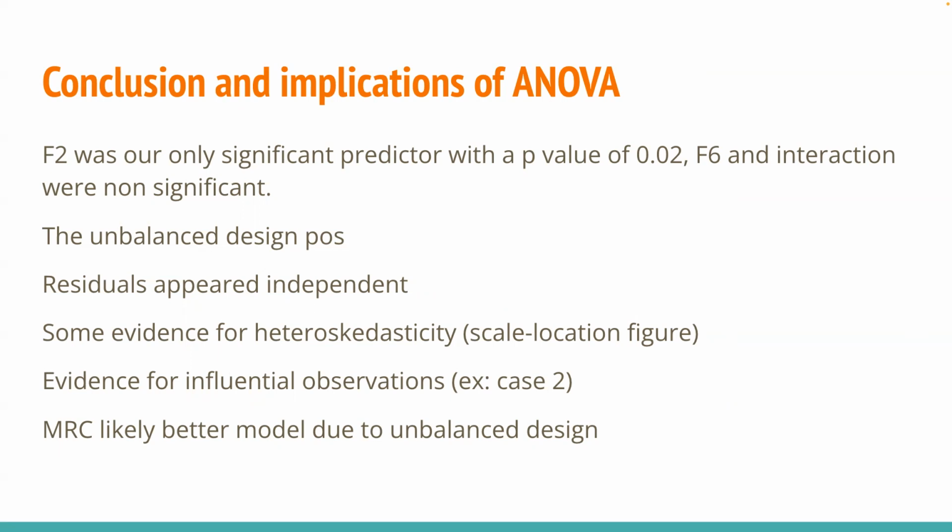The residuals appeared to be independent though, and there is some evidence for heteroscedasticity, specifically the scale location figure showed that. There's also evidence for influential observation. So case 2 seemed to have some influence on our outliers. And then overall, it seems like the MRC model is a little bit better to use because we have a slightly unbalanced design.